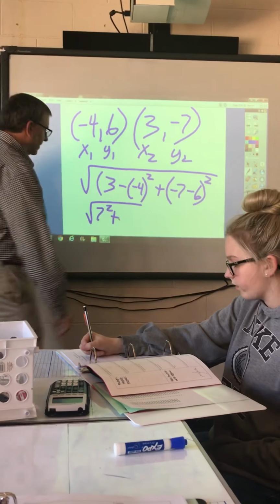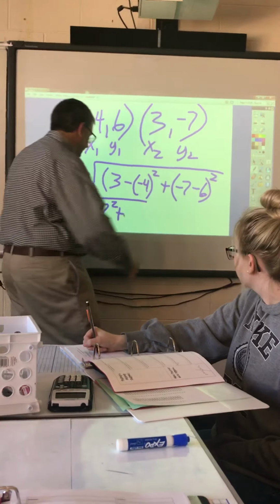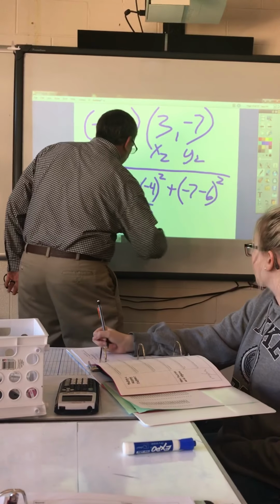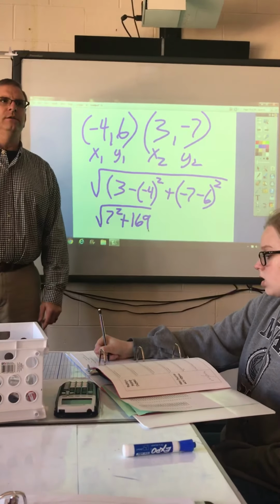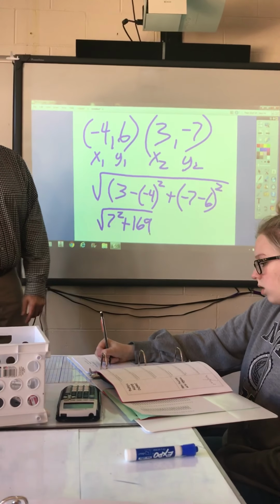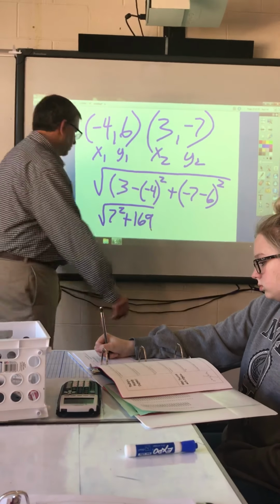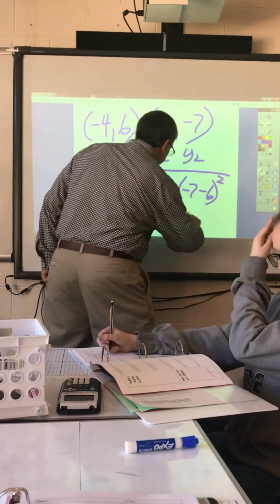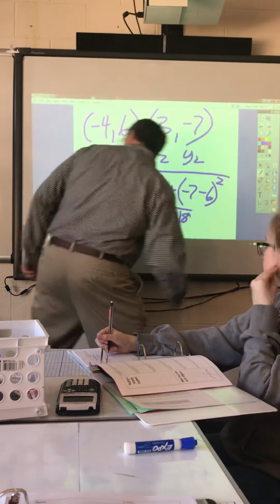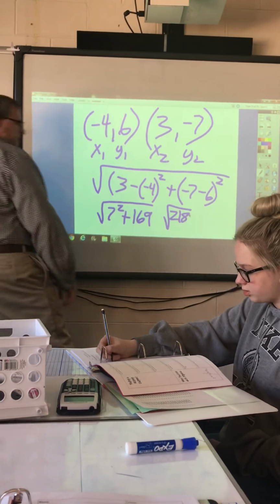Negative 13 squared is 169. And then 169 plus 49 gives me 218. Is that correct? 218. Yeah. So the square root of 218 goes into 14.8.